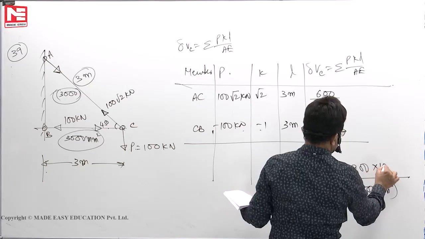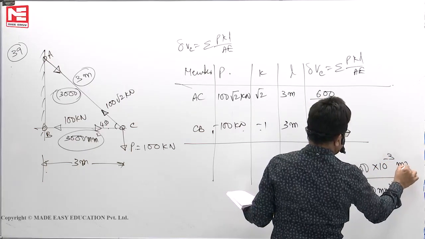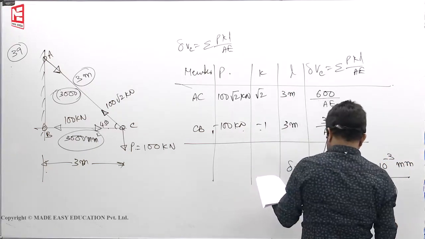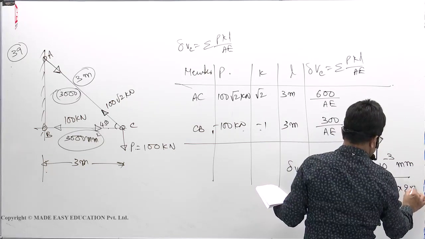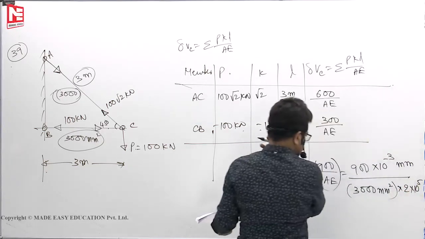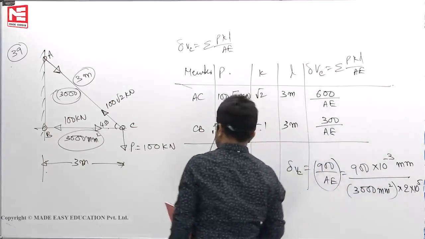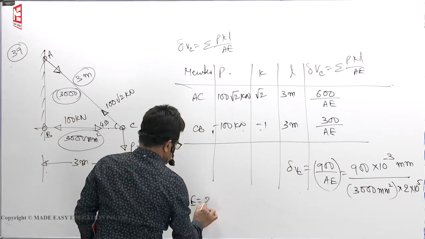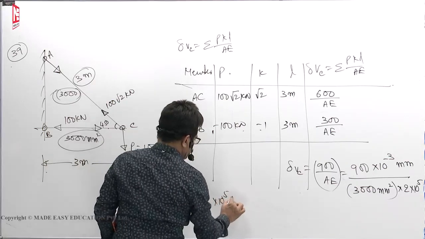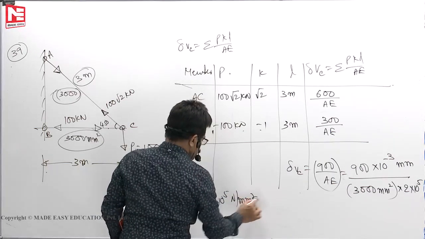So this you will write as 10 to the power of minus 3 mm. Young's modulus is 2 into 10 to the power of 5 newtons per mm square.